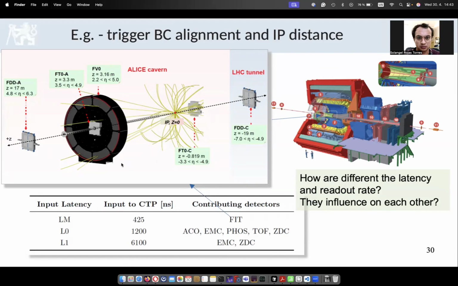What kind of collision would that be if you have a signal in FDD and not in FT0? Because even ultra-peripheral collisions have an FT0 signal, no? No, for ultra-peripheral you want nothing there, because you are looking for signals in ALICE.